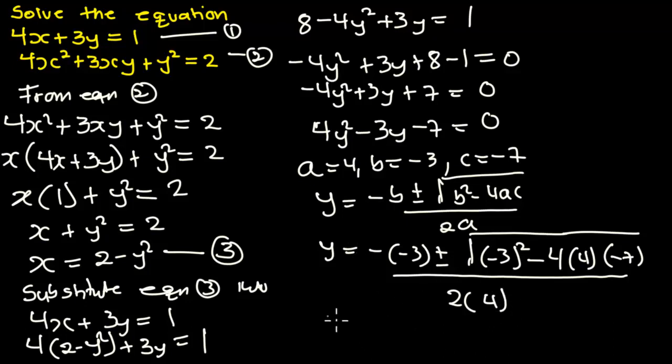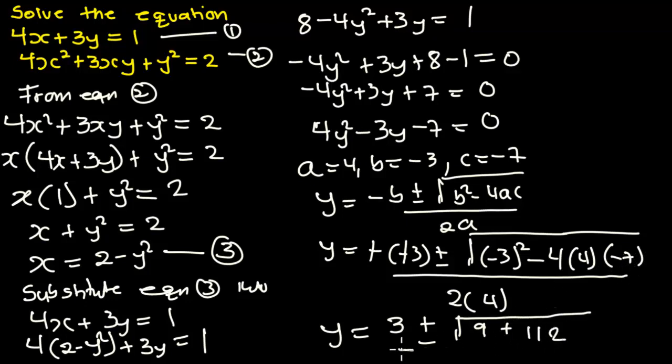From here, the negatives cancel out, so this turns positive 3, plus or minus the square root of negative 3 squared, which gives 9, and then negative 4 times 4 gives negative 16. Negative 16 times negative 7 gives 112, so plus 112, all over 2 times 4, which is 8.